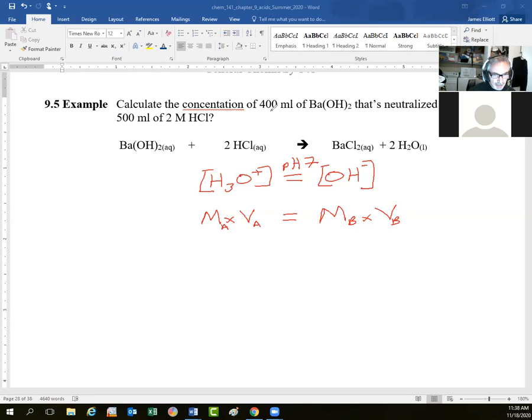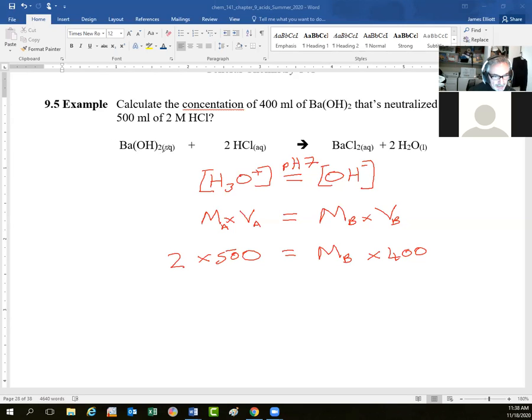So let's see, on the base side, we've got 400 milliliters. And we're trying to work out the concentration, so MB is what we're after. We have neutralized it with 500 milliliters of the acid. And the acid strength was just 2 molarity.